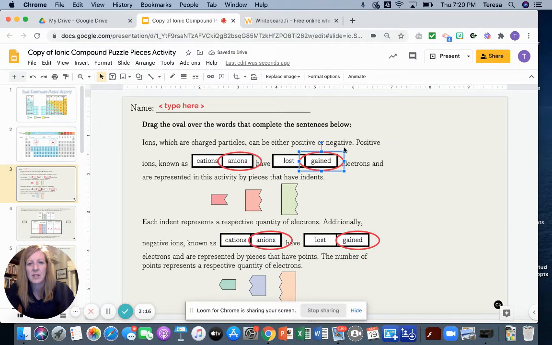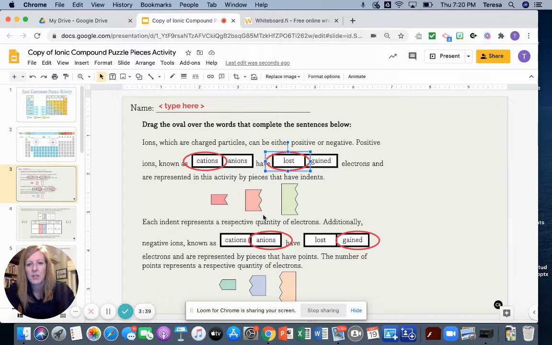So positive ions are going to be cations. Because they're positive, that means they have more protons than electrons. In order for that to happen, they had to lose electrons in order to become positively charged.